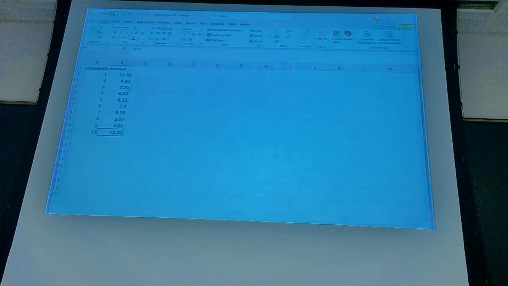So we entered our data. Remember, you want your x to be the explanatory, you want your y to be the residual, and that's just a scatter plot from that.